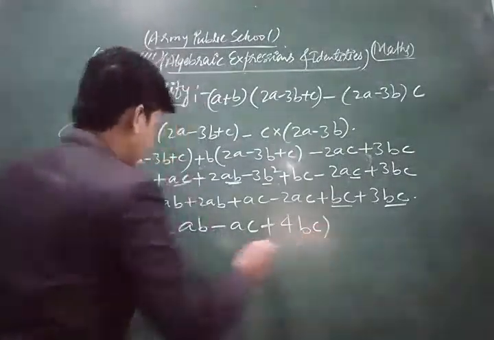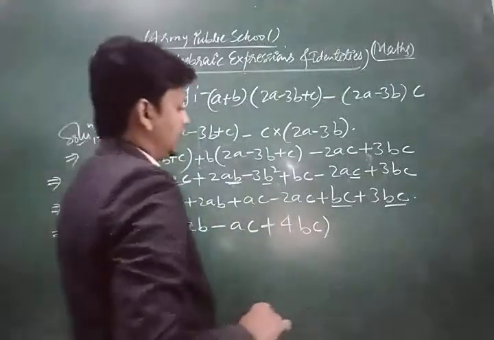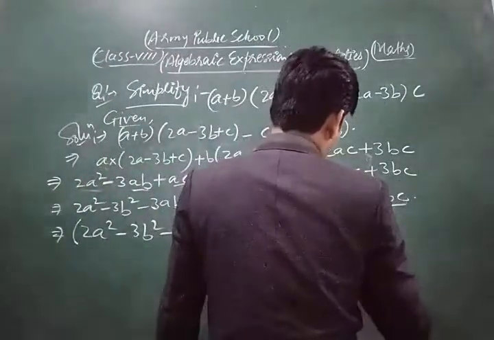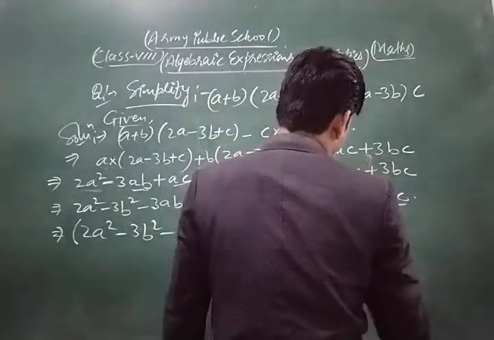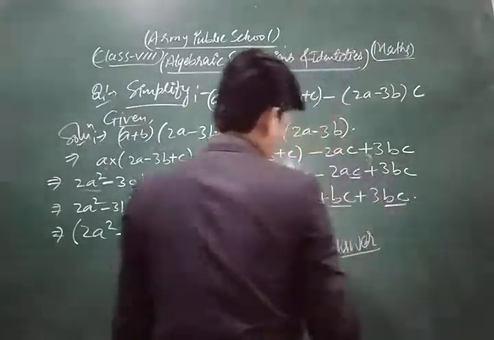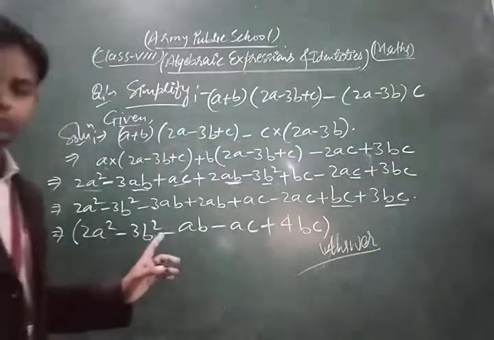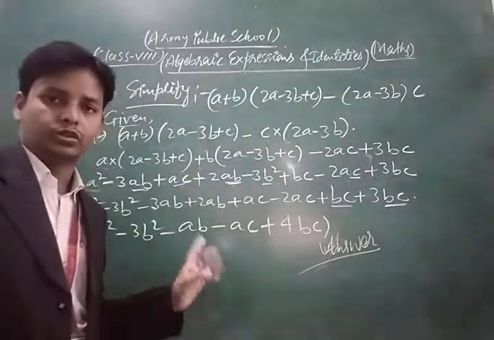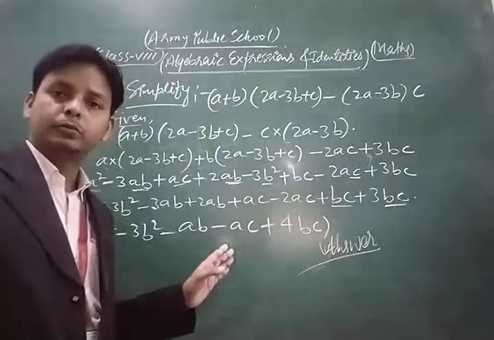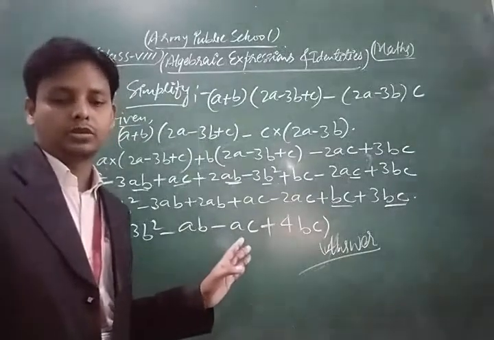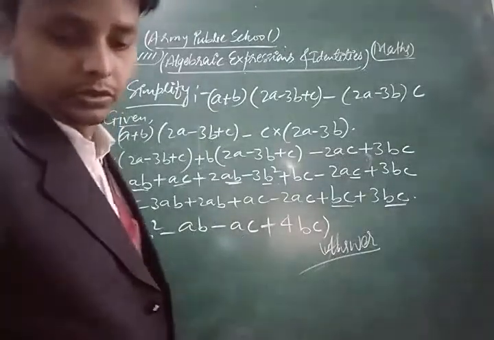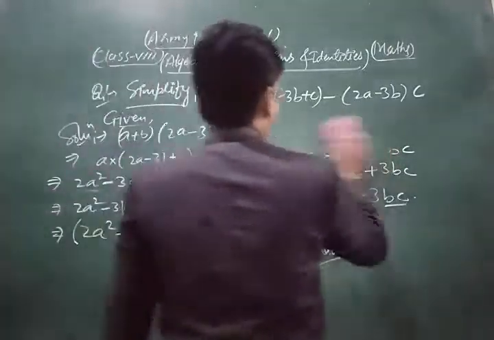So in this way, this is the required solution of the given question. So please do more and more practice of this type of question. After that, you can solve each and every question of your syllabus.